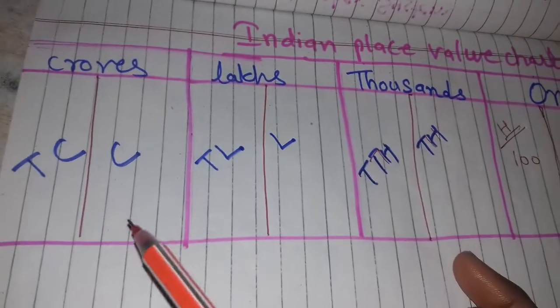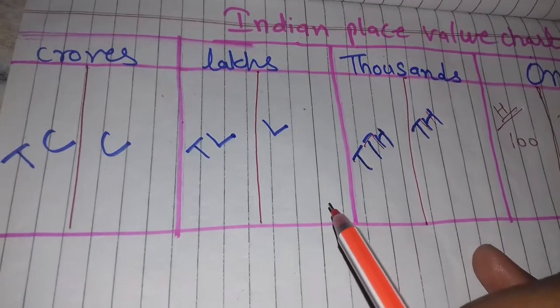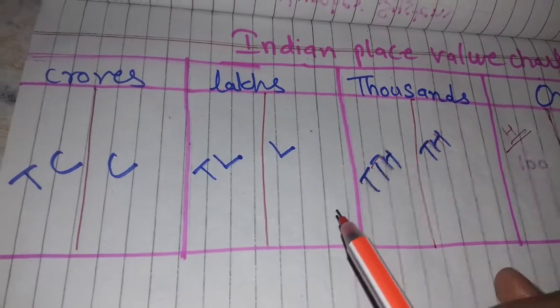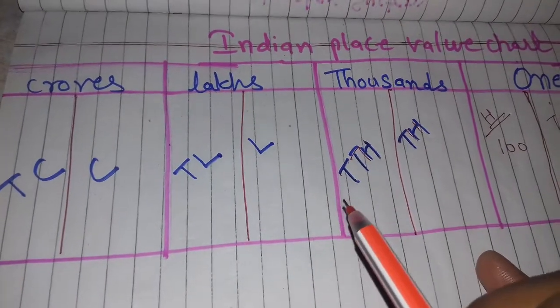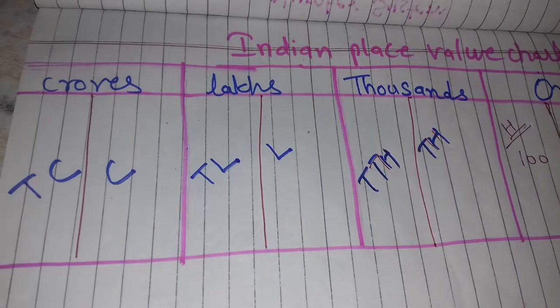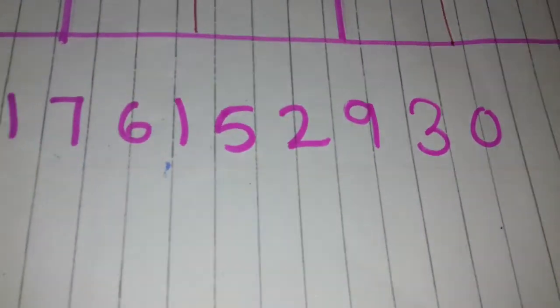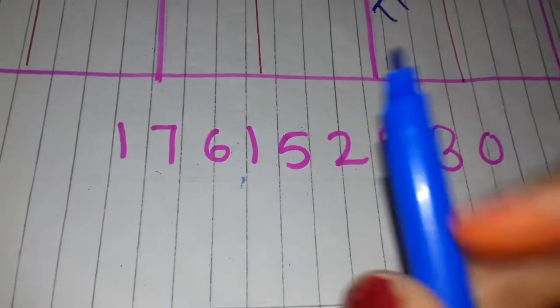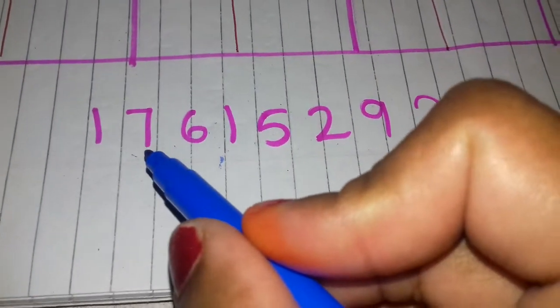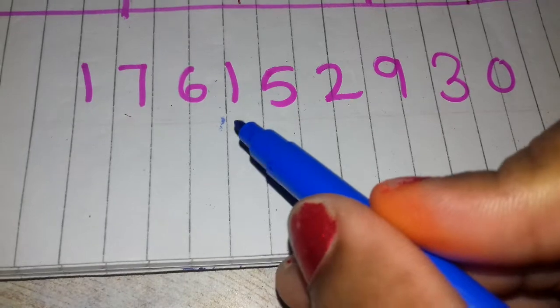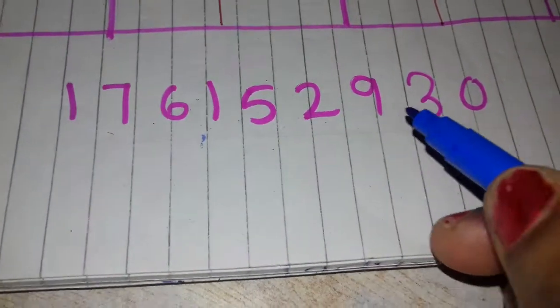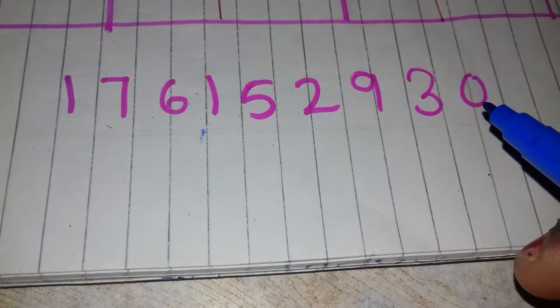So according to this Indian number system, how are large numbers placed? Let us see one example. Suppose we have this large number, 176152930.